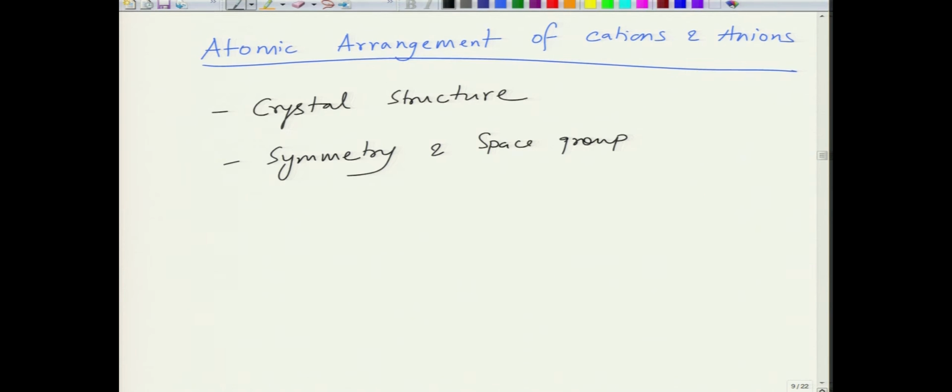So, what we will do is that we will first begin with certain fundamentals of crystal structure before we move on to the structure of these materials.